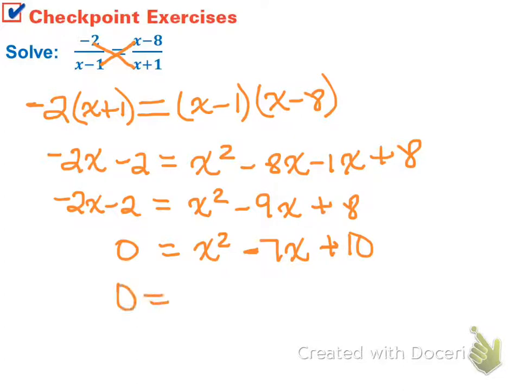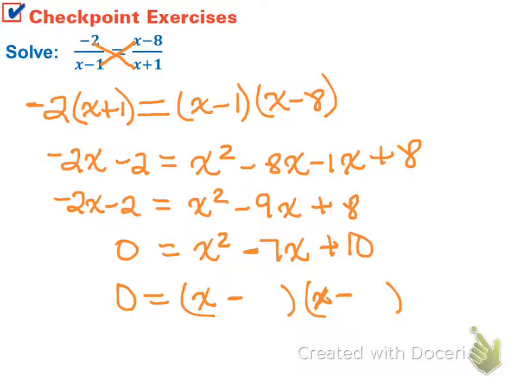Factor your resulting trinomial. Again, because a is an understood 1, this is a simpler one. We can just go straight to factoring it. You need factors that will give you 10. Because 10 is positive, you know the signs are the same, but the middle term is negative, so these terms have to both be negative.